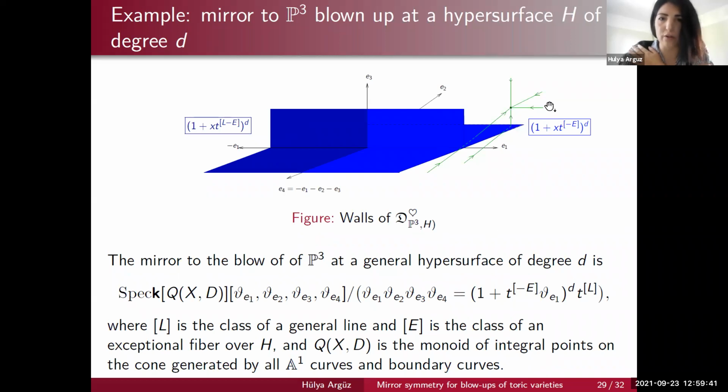So theta E1 is X, theta E2 is Y, theta E3 is Z. And theta E4, which is the minus E1, minus E2, minus E3 direction, only crosses this wall with this attached wall crossing function, and it turns into 1 on xyz times this. So the mirror in this case is generated by these 4 theta functions because I have 4 rays again satisfying this equation.